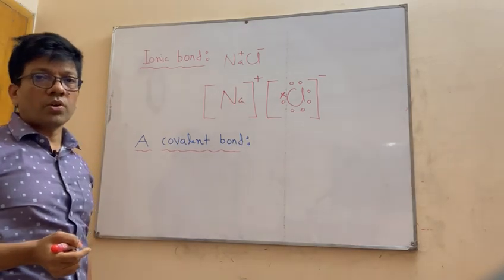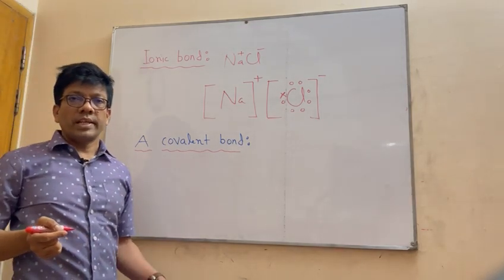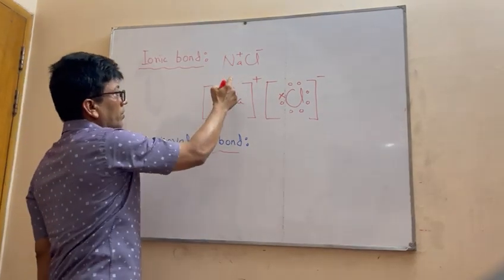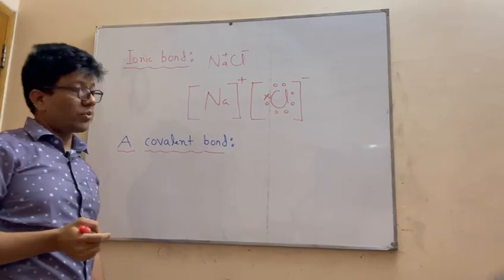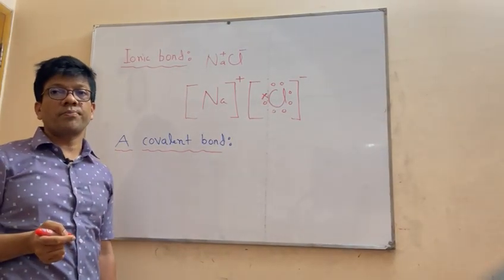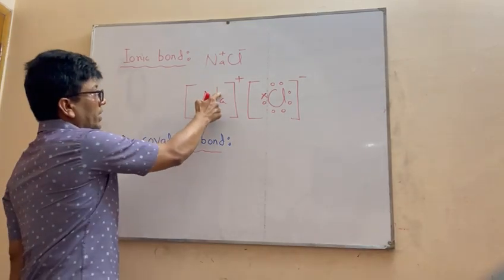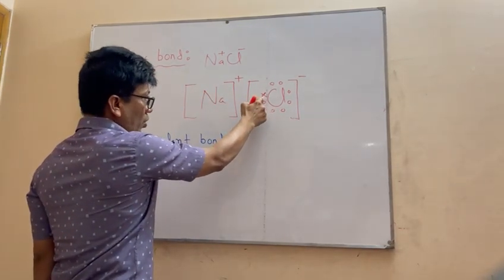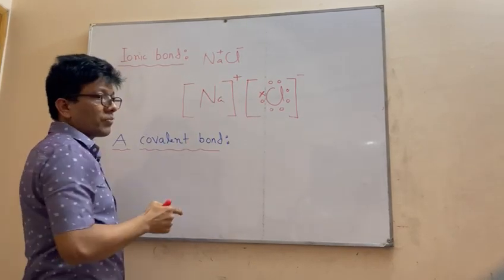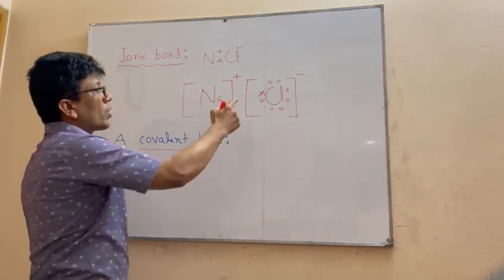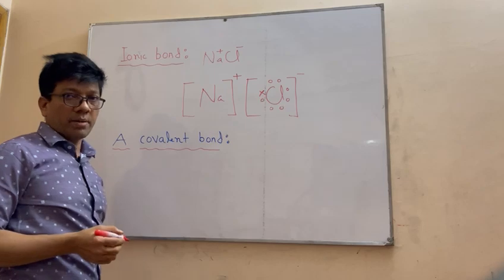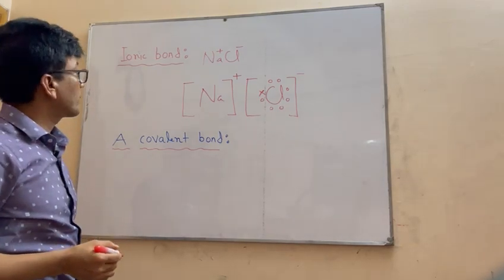Ionic bond is the electrostatic attraction between positive metal ion and negative non-metal ion, and it is formed by the transfer of electron. Sodium gives 1 electron to chlorine, that's why sodium becomes single positive. Chlorine gains 1 electron, chlorine becomes negative ion, single negative ion.